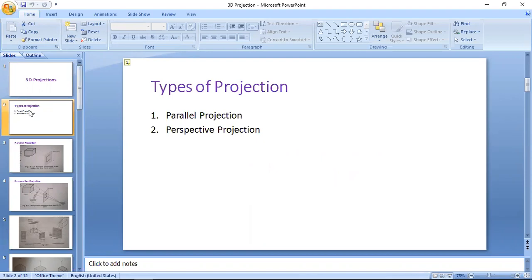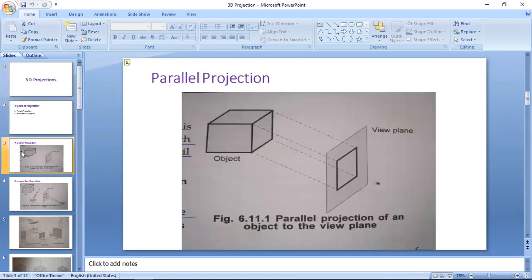So what actually is a parallel projection? In this diagram you can see that your object is projected on the view plane. The object is three-dimensional, but on the view plane you can see only a two-dimensional part of it.